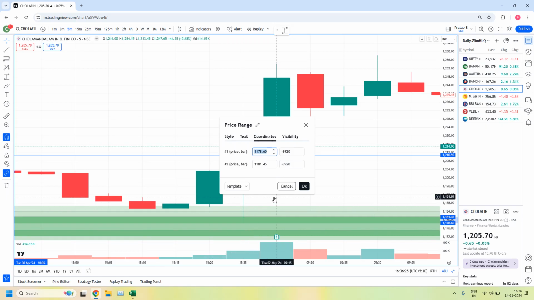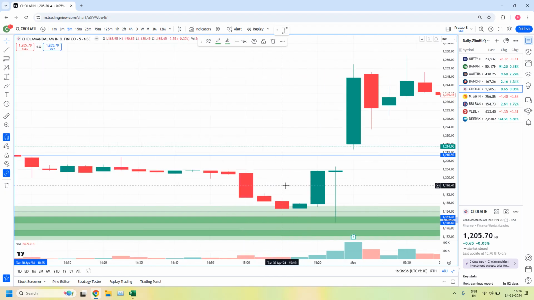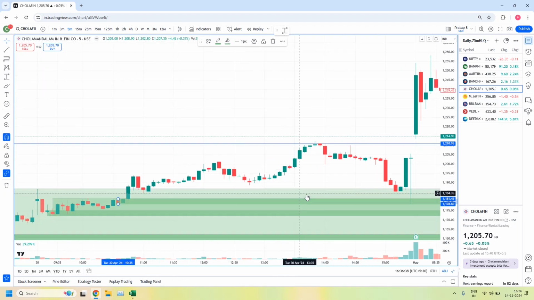But the actual zone low is 1178.45. So that means another 15 paisa of order flow remains. If it is a normal 5 minute zone, you have to do that calculation.